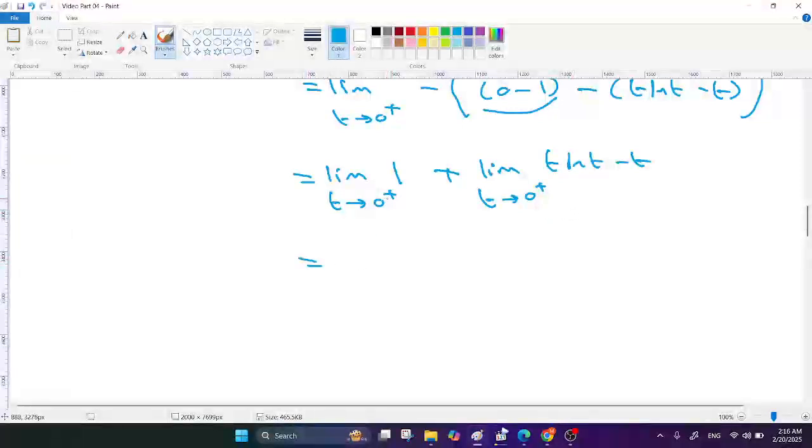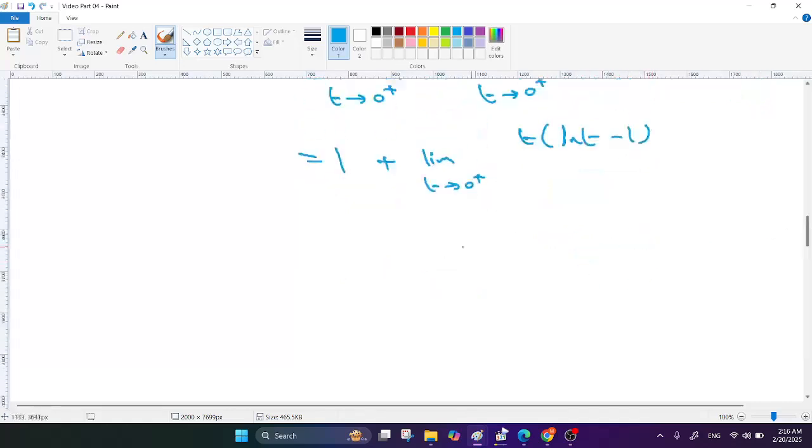So now this limit here equals 1 because it's limit of constant, plus limit as t approaches 0 from the right, take t as common factor, t times ln t minus 1. And we will use L'Hopital and Bernoulli. 1 plus limit as t approaches 0 from the right, ln t minus 1 over 1 over t.